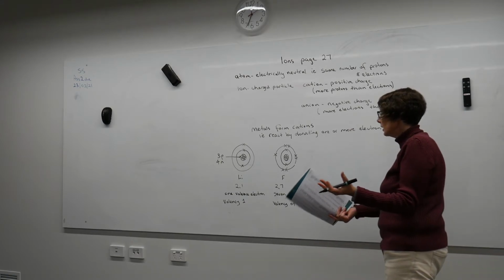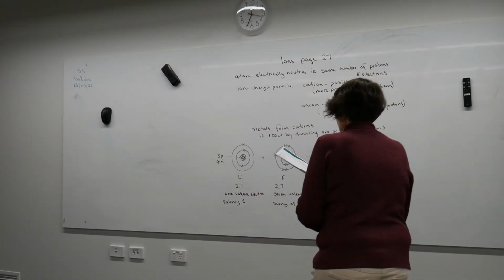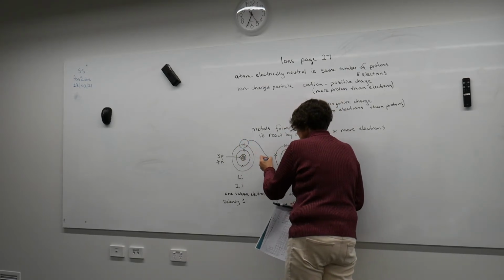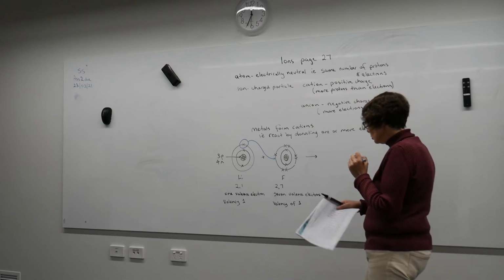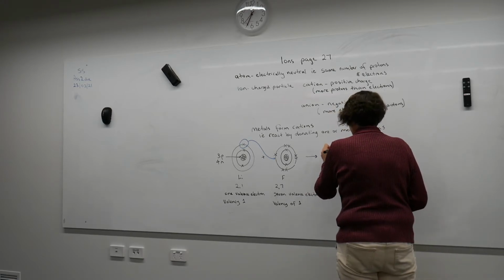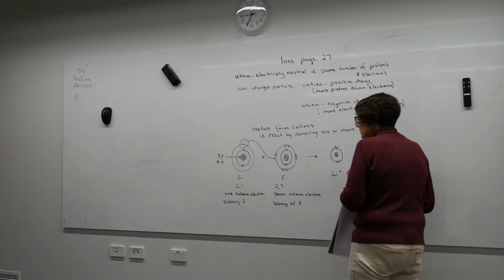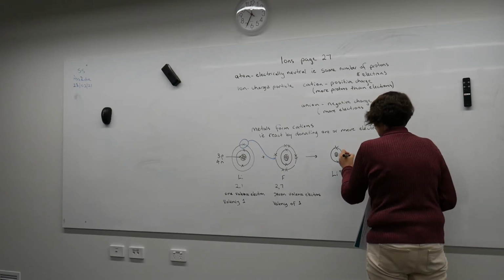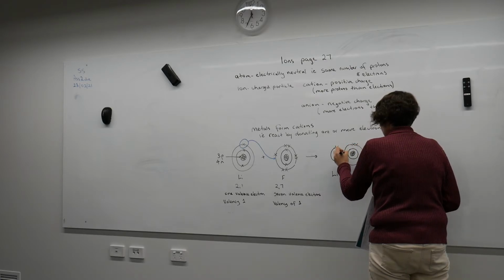And in the case of lithium and fluorine coming together to form lithium fluoride, the way this reaction occurs is that the lithium atom is going to donate its valence electron completely to the fluorine, and what we now form is the lithium ion, which has a positive charge, and we have the fluoride ion.